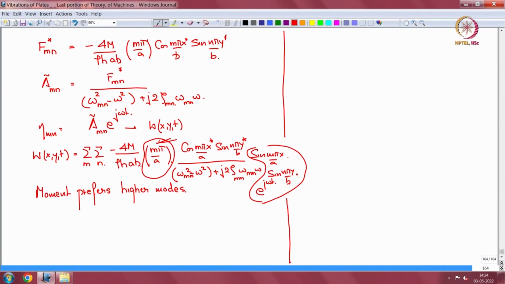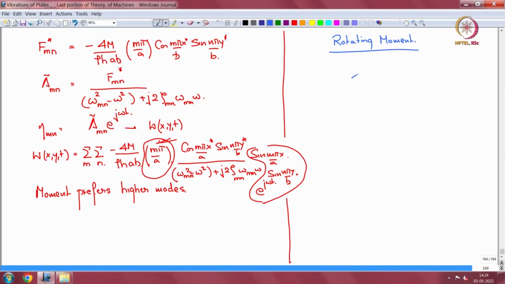Now, we will continue. What is the next force type that we are looking at? Okay, let us say we want to look at a rotating moment. Okay. So, what do I mean by rotating moment?